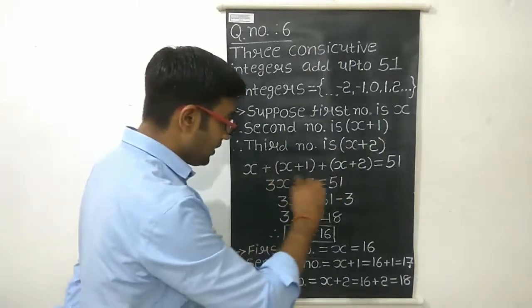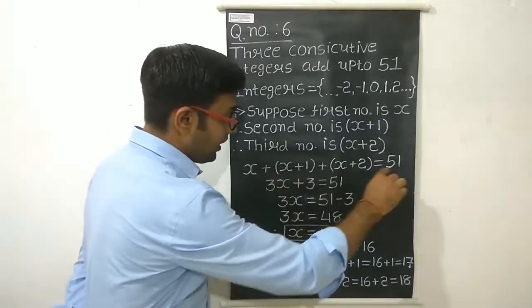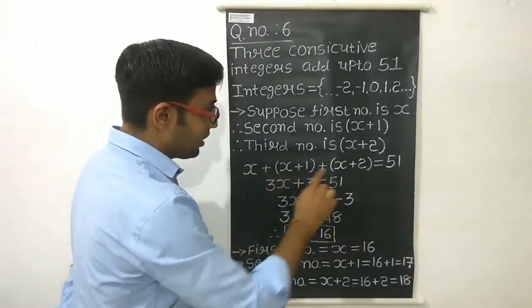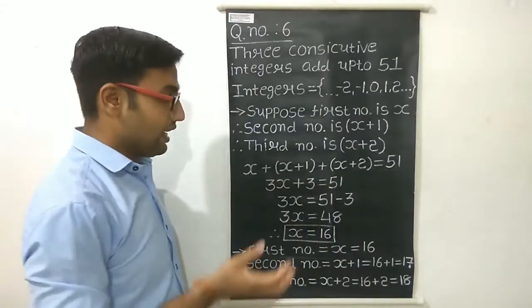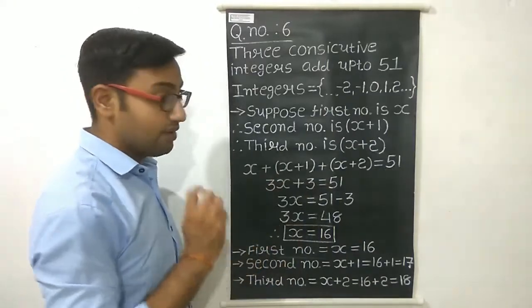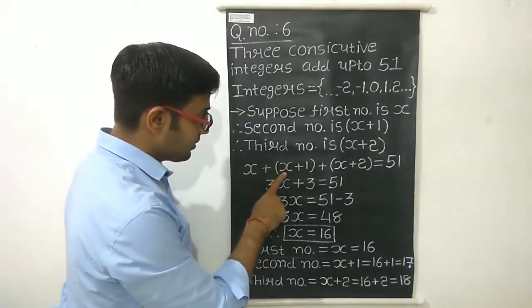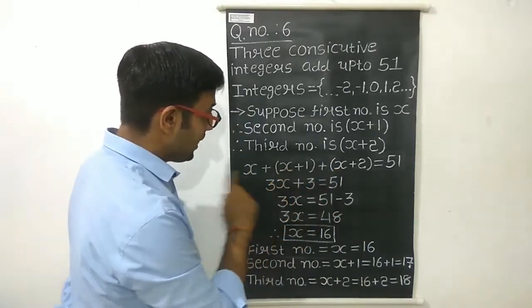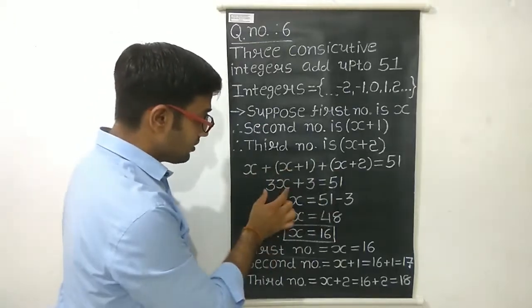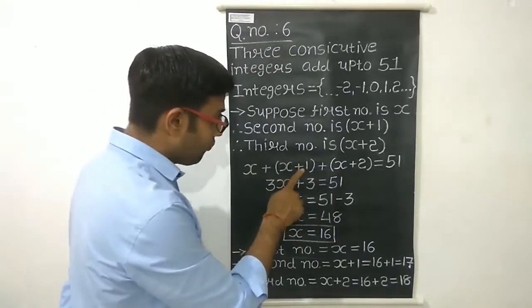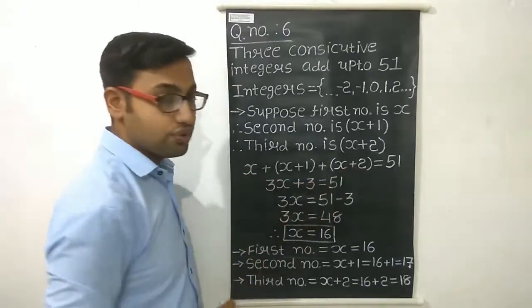So in this way we get an equation in which there is only one variable. Now we will simplify this and get the value of x. So x plus x plus x is 3x. 1 plus 2 is equal to 3.